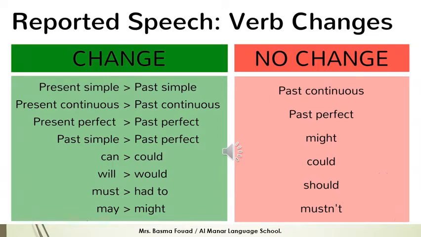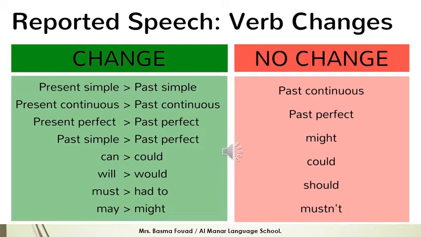The first thing you have to know before changing the sentence from direct to indirect speech is that you have some verb changes. What do I mean by verb changes? First, I speak about the tense. You have to take a step backward with the tense. If it is present simple, you go back to past simple. If it is present continuous, you change it into past continuous.